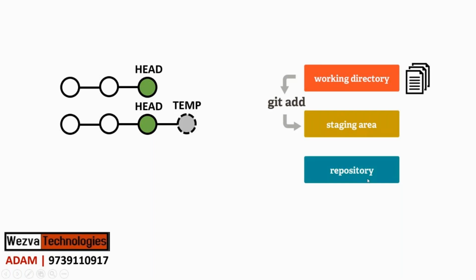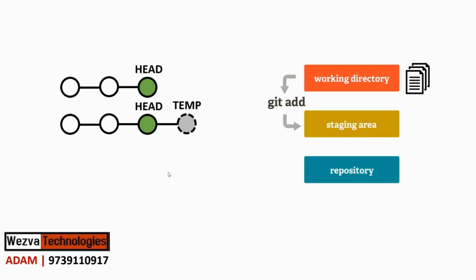It doesn't actually create metadata, it just creates a temporary reference. So what does this temporary reference tell? There was some content which was referred to by head. On top of that, this is what you have done. So with the help of this temporary reference, it clearly says what is pointed to by the head reference and what you actually have in your file.